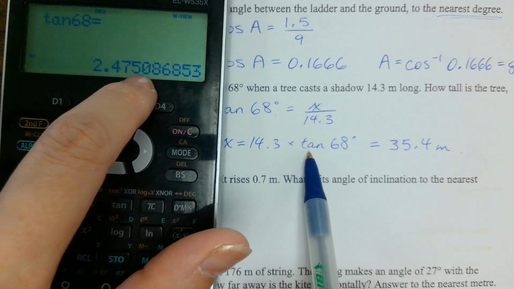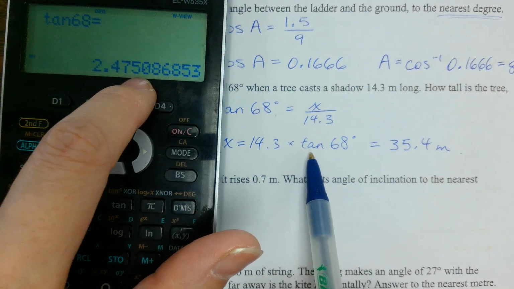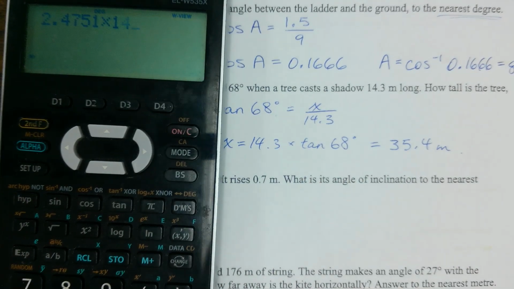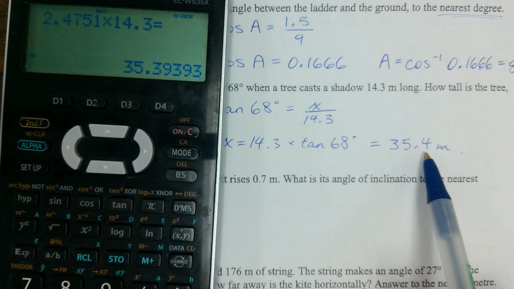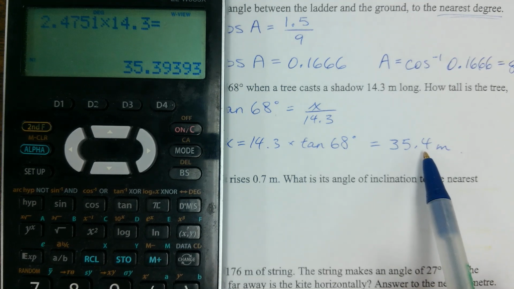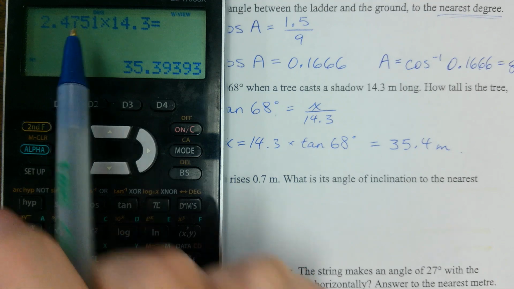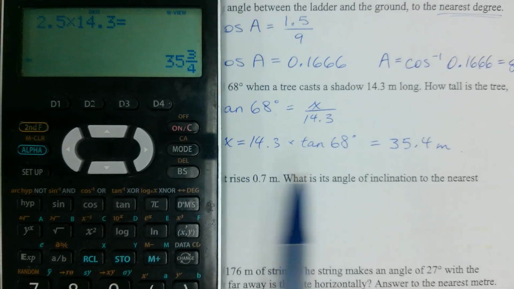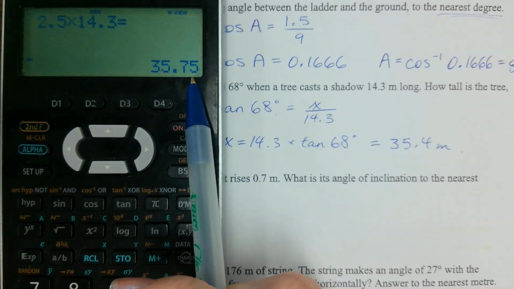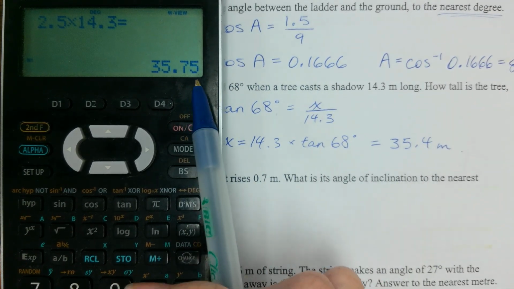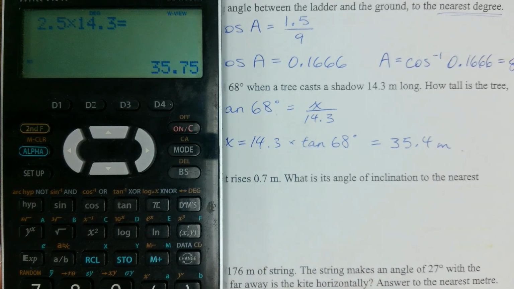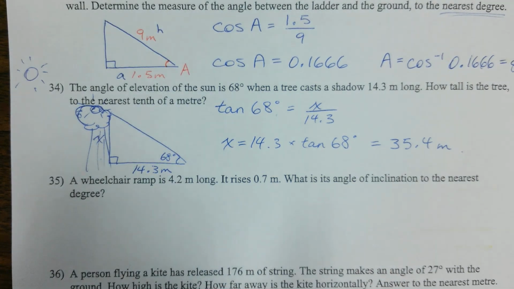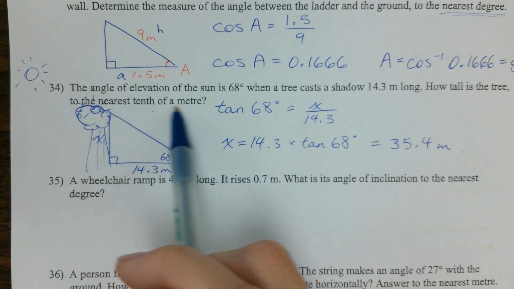But if I just take 4 decimal places, 2.4751 times 14.3, I get an accurate answer. But if I just did 2.5, for example, 2.5 times 14.3, notice I get way off. So do you just always round to 4 decimals? Yeah, you could. But for the final answer, it will tell you what to round to.